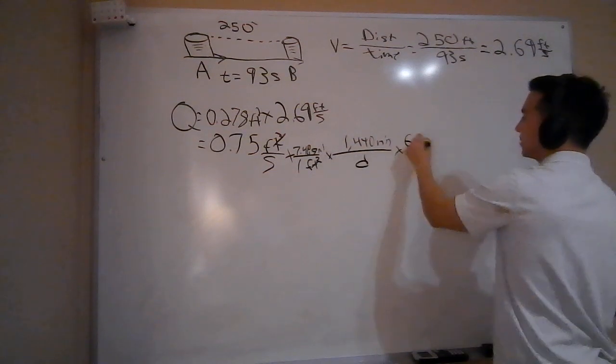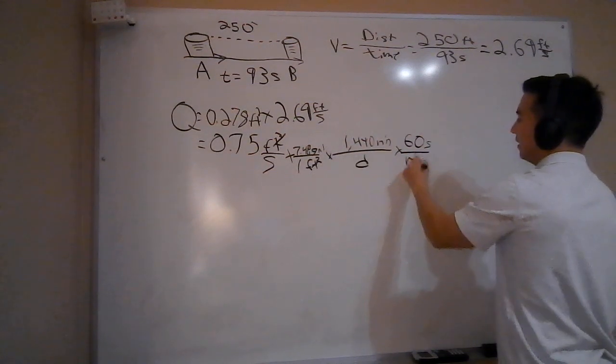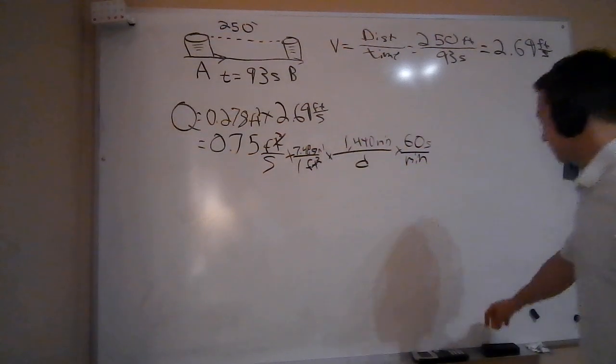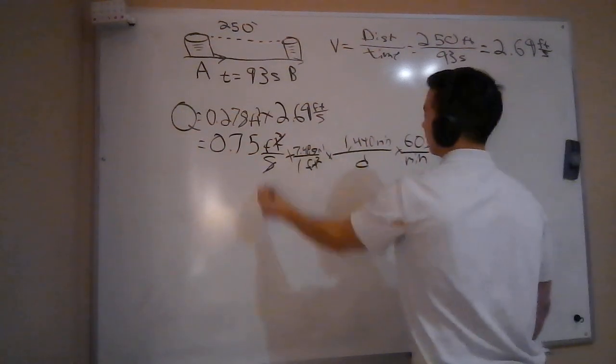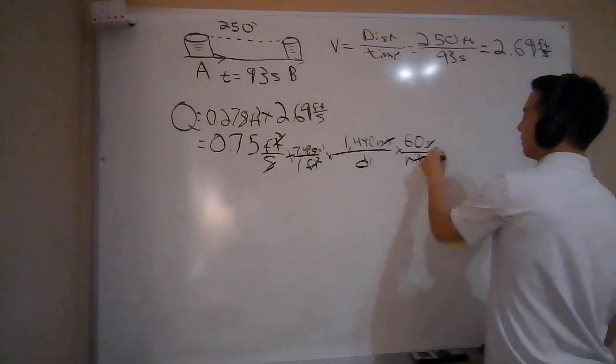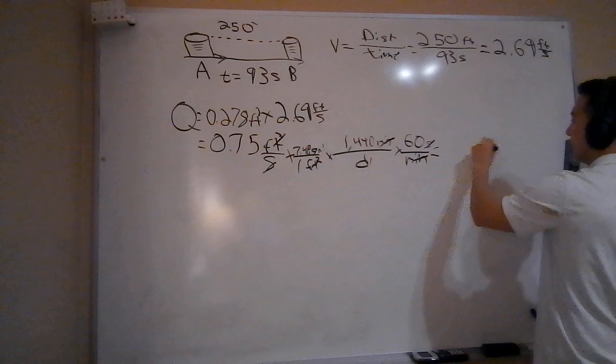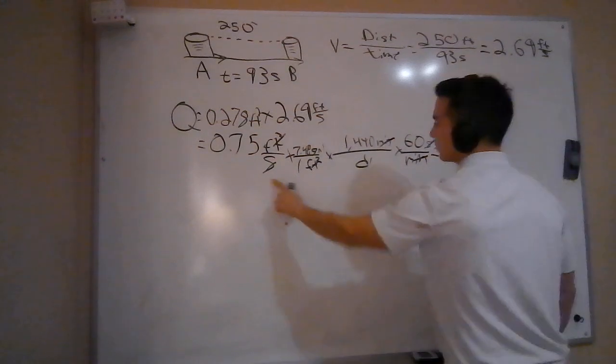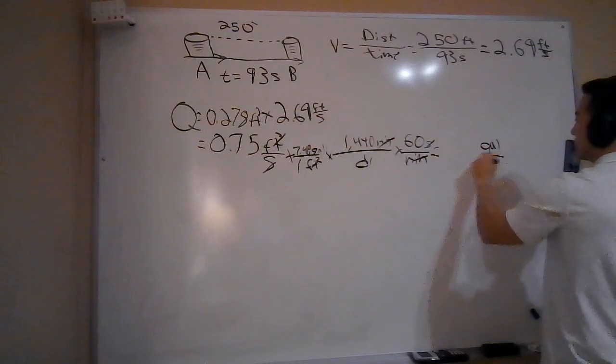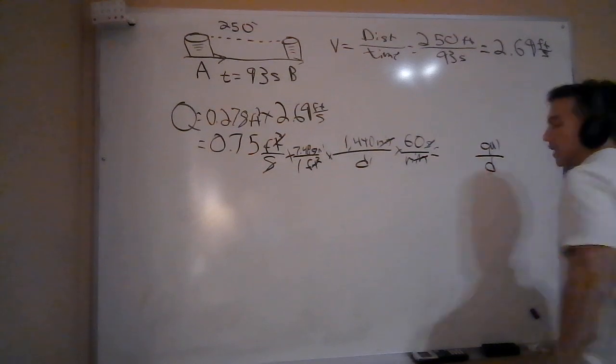I know there's 60 seconds in a minute. Seconds are going to cancel out here. Minutes are canceling out here. So what are we left with across the top? I've got gallons, and that's it. What am I left with across the bottom? I've got days, and that's it. So I'm left with gallons per day.